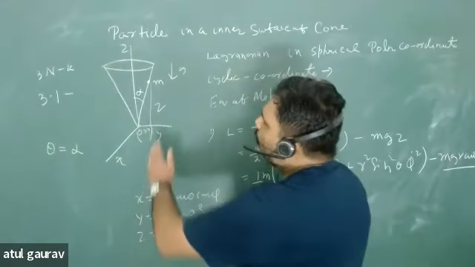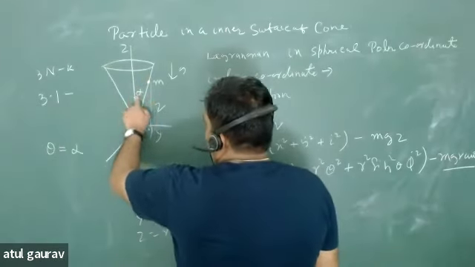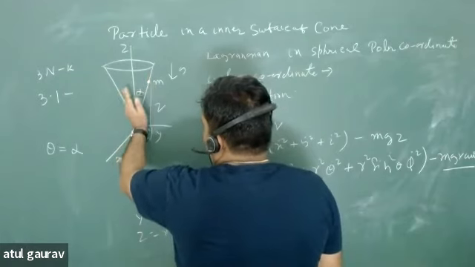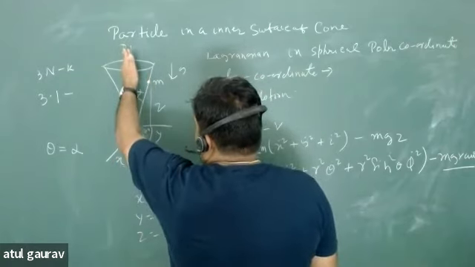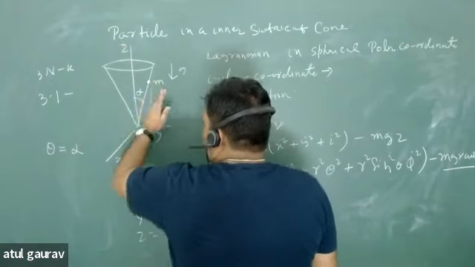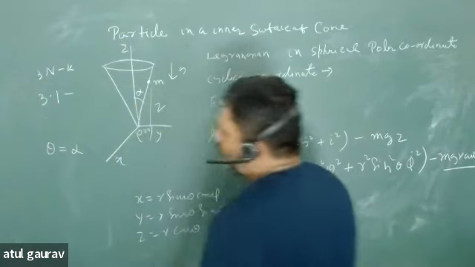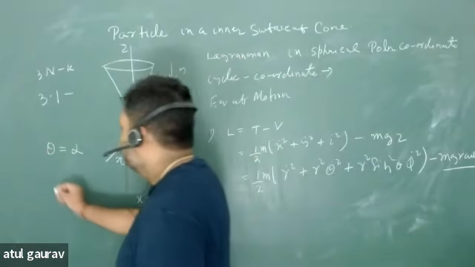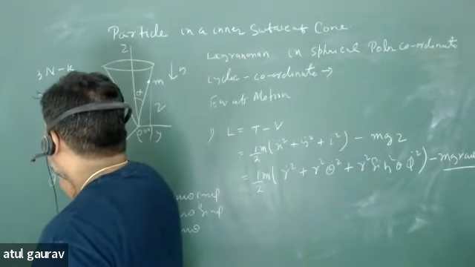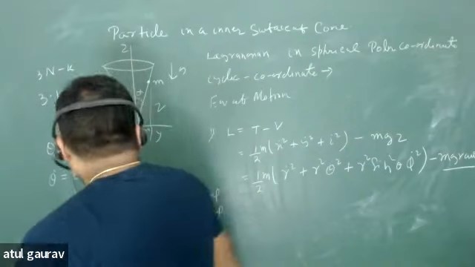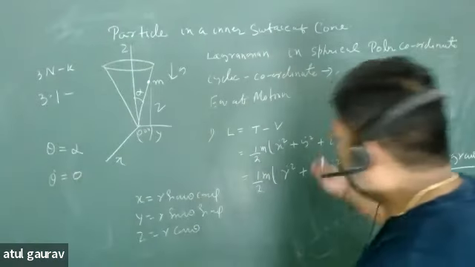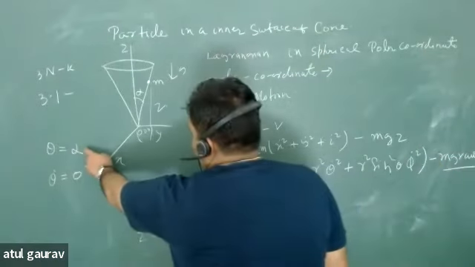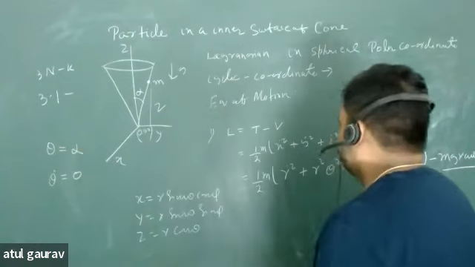याद है क्लास में हम लोगों ने शुरू में किया था डिग्री ऑफ फ्रीडम के समय? What is theta? Theta is nothing but the angle made with the z axis. So theta is equal to alpha is your equation of constraint. So if theta is equal to alpha, then what will be your theta dot? 0. So what we have to do, we have to use the equation of constraint. यहां पर हम इक्वेशन ऑफ कंस्ट्रेंट को लेकर जाएंगे.